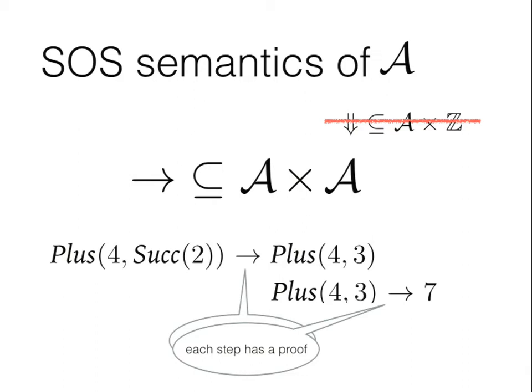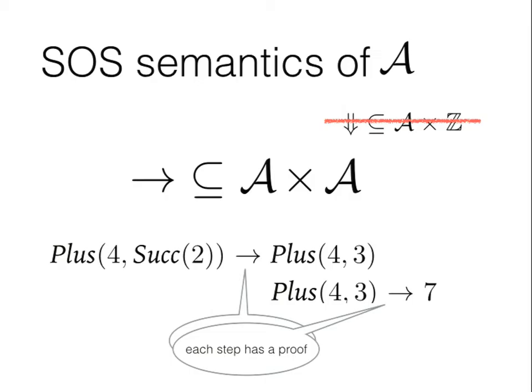So it's another binary relation, but it's no longer between expressions and their final result. It's going to be a relation between expressions. The idea is that two expressions are related if in one computational step you get from one to the other.